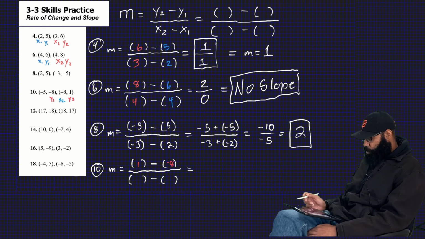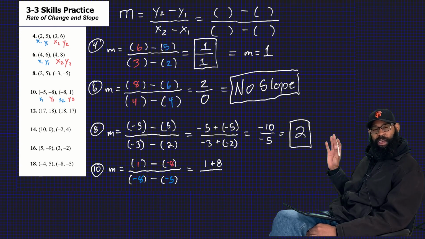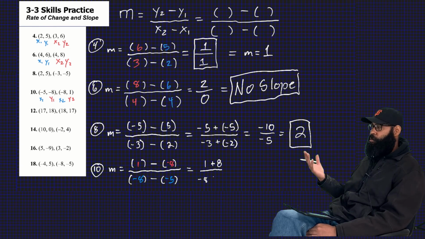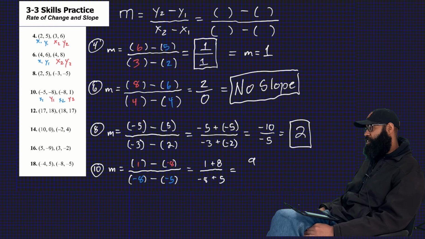What I mean by different order is, you see this time my rise, my y values, are in red, and my run, my x values, are in blue. Doesn't really matter. I'm just picking colors to give you some graphics to make it easier to understand. 1 minus negative 8 becomes 1 plus 8. Negative 8 minus negative 5 becomes negative 8 plus 5. And I get 9 divided by negative 3, which is going to give me negative 3.